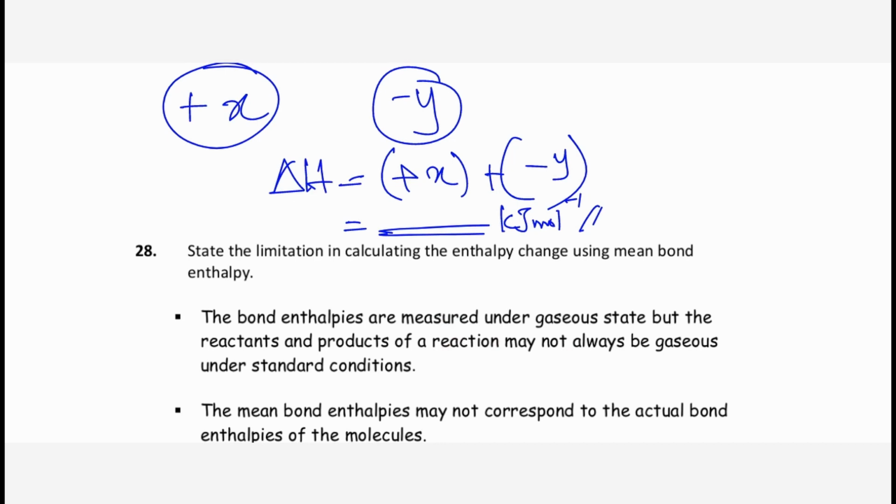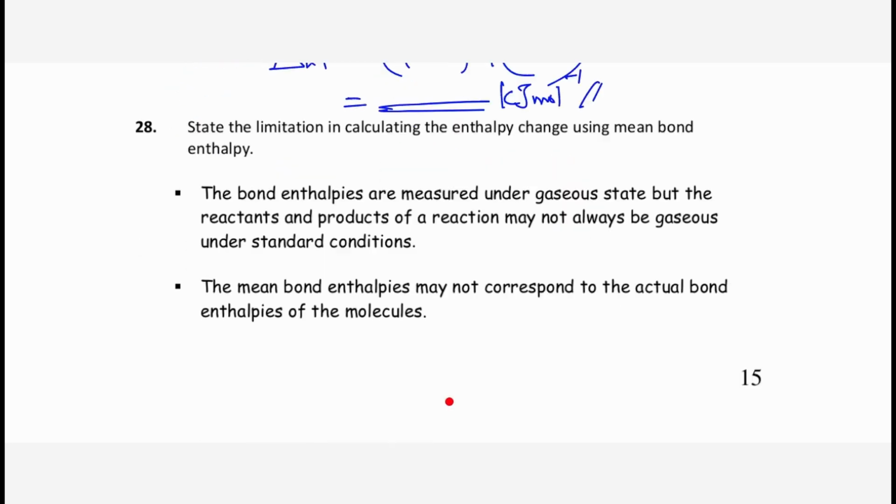For the reactants it is positive, because reactants you always break, you give energy. The products are negative. So we add these two values with the signs. If the negative value is more than the positive value, it becomes exothermic. If the positive value is more than the negative value, the reaction will become endothermic.